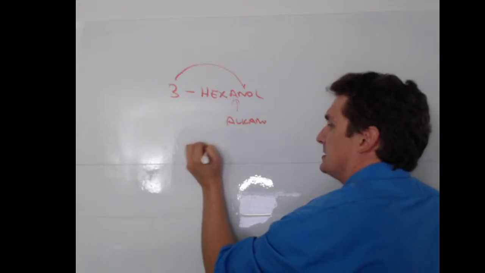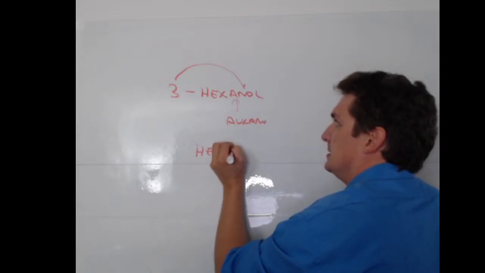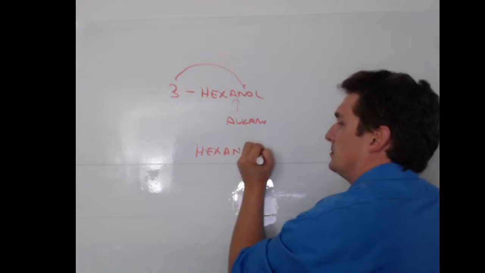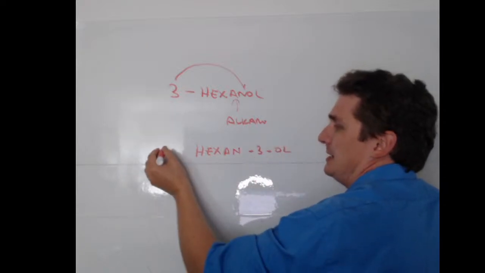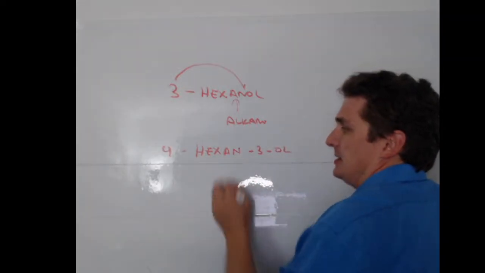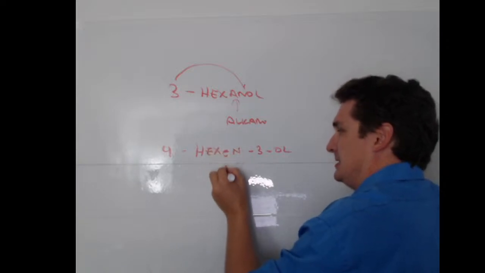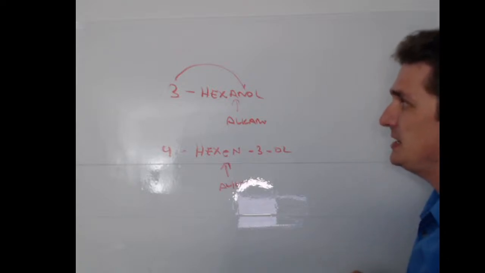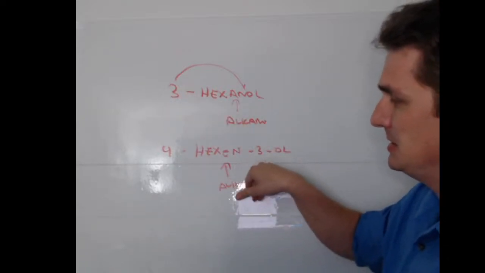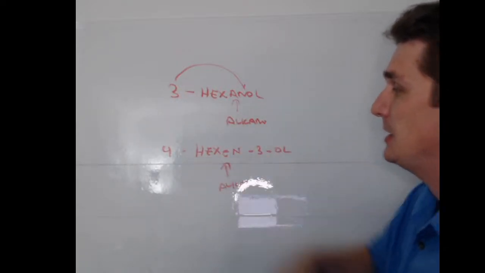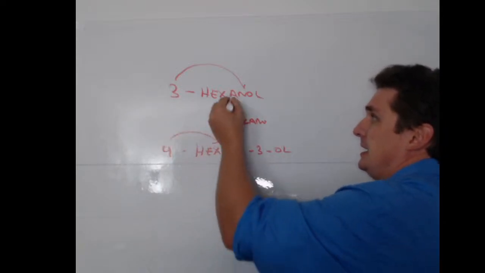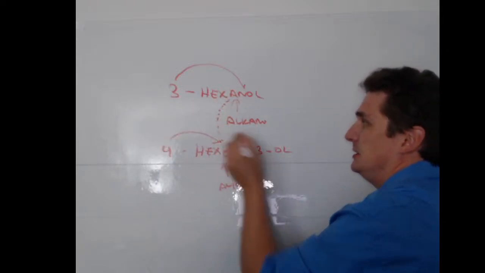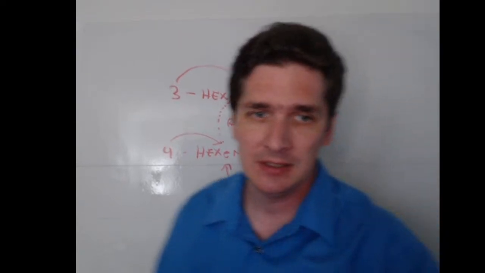So this becomes hex-3-ol. We add a number to designate the position of the alkene, and we switch this to an E to designate that it's an alkene. So that's how the switch goes. We have to put the number in there because it designates the position of the alcohol. The number out front here now refers to the double bond, and we switch the A to an E to designate the double bond.